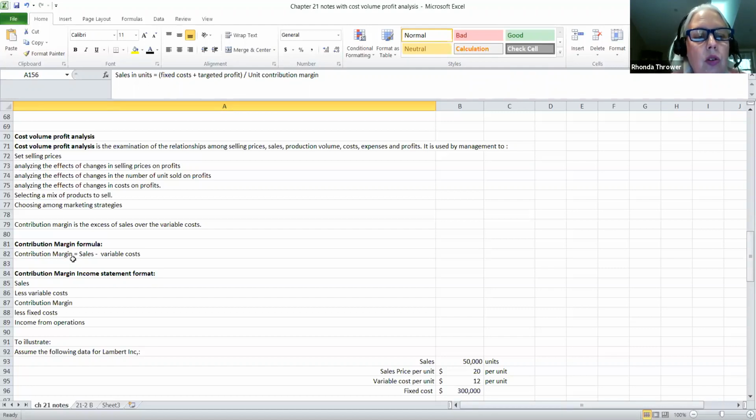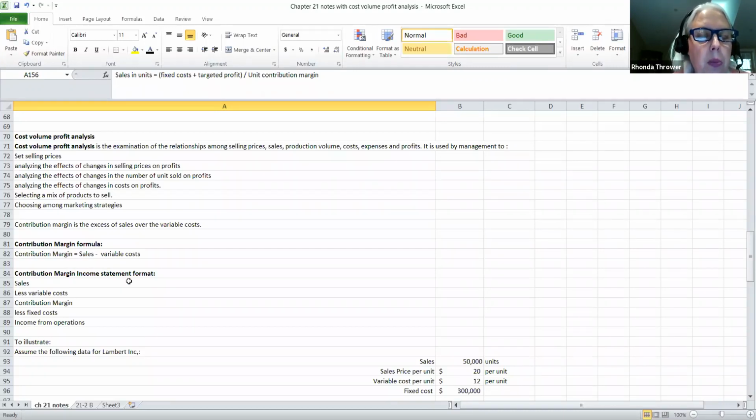And then we're going to look at different relationships that we can apply to this contribution margin formula. We're going to turn it around somewhat and use it for purposes that management deems will be important in helping them to direct their operations of the company.